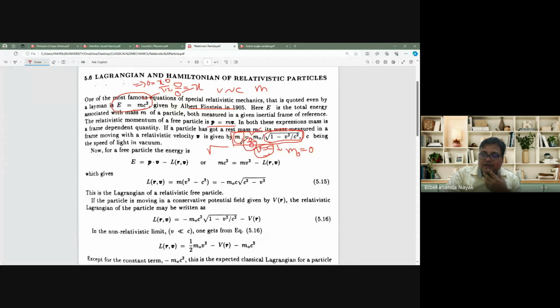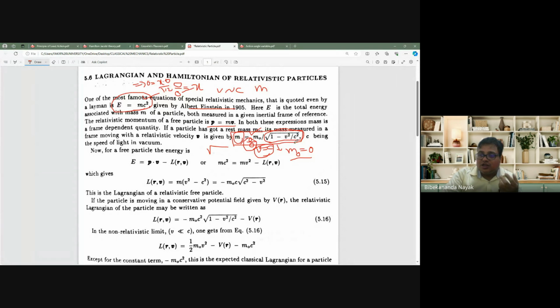So when a massless particle is moving with the speed of light, it has some effective mass, you can say resultant mass, and due to that it has other properties: momentum, energy, everything.